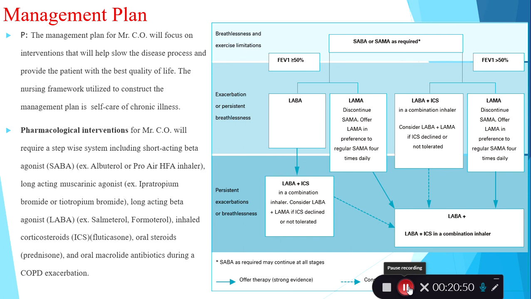A long-acting beta agonist or LABA, such as salmeterol or formoterol. Inhaled corticosteroids, such as fluticasone, and sometimes the use of oral steroids or systemic steroids, such as prednisone, are needed, along with an antibiotic if there is an exacerbation of COPD involving pneumonia or other bacterial infections.